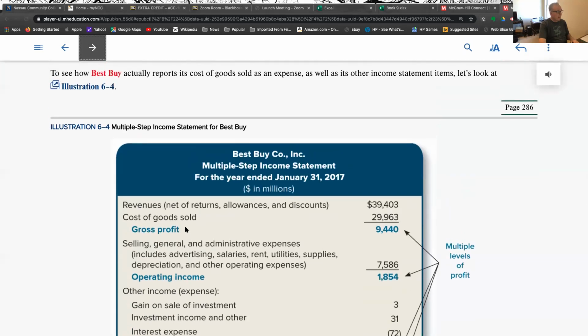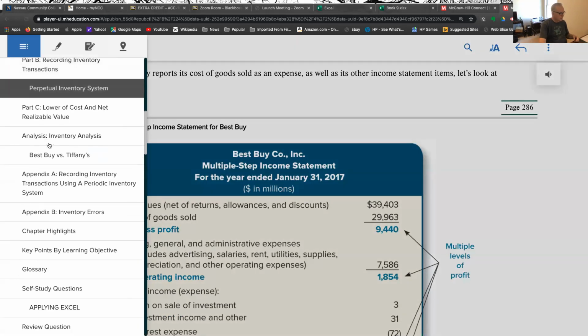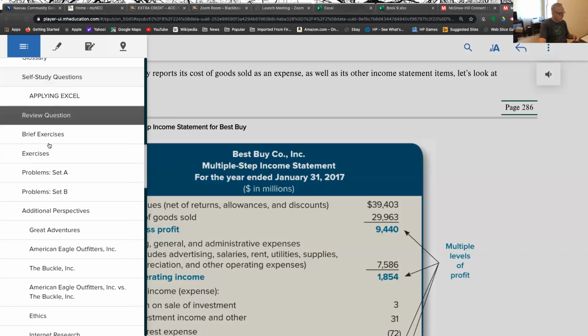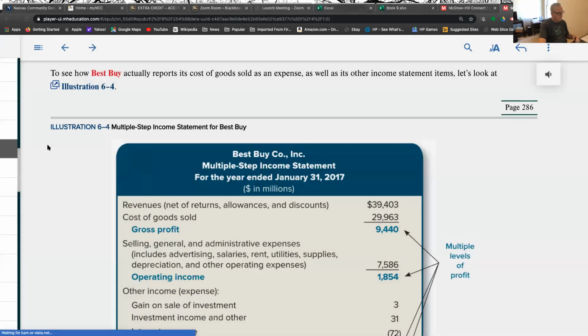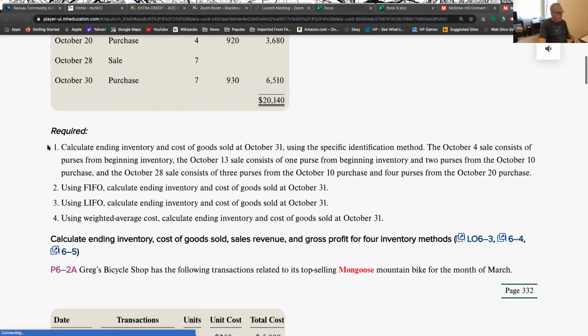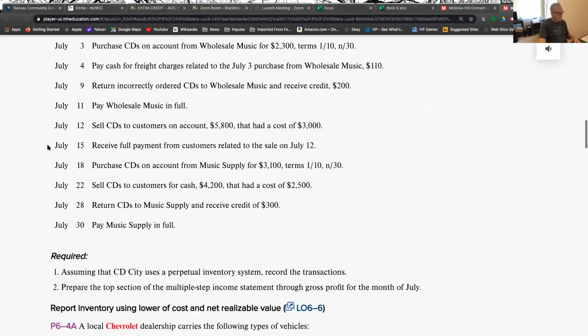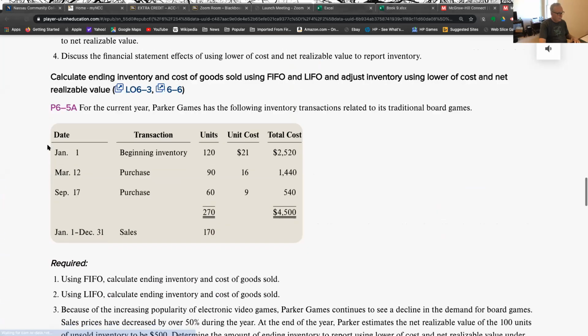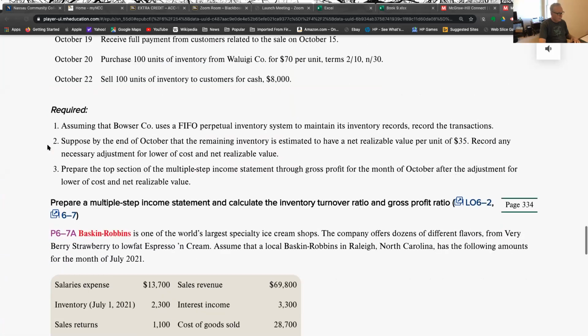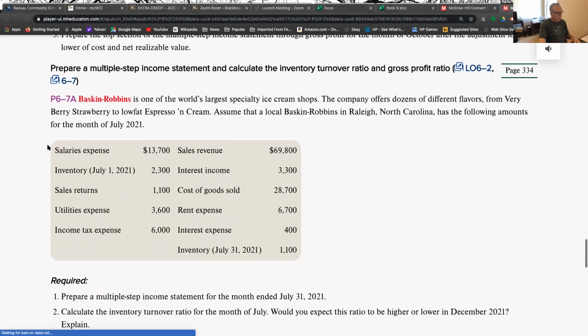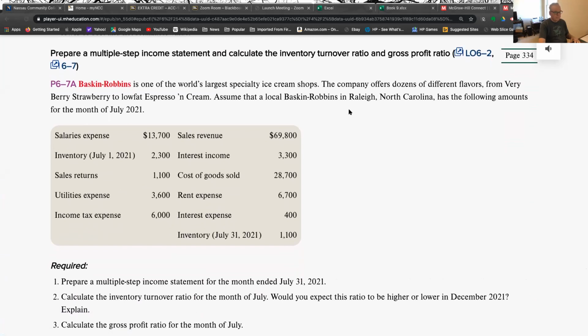All right. Now let's do a problem for homework. We had problem 7A. Problem 6-7A.